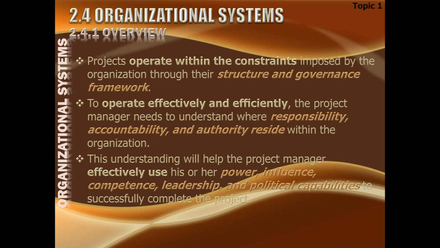This understanding will help the project manager effectively use his or her power, influence, competence, leadership, and political capabilities to successfully complete the project. So, the most effective and efficient way of completing the project is that the project manager should know where the various powers reside.